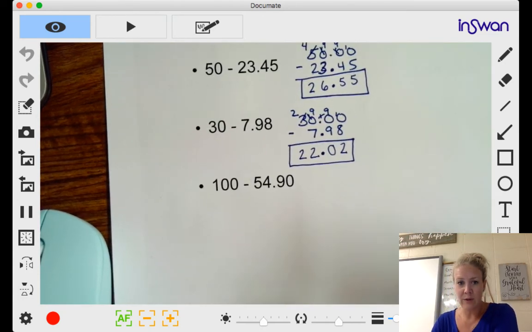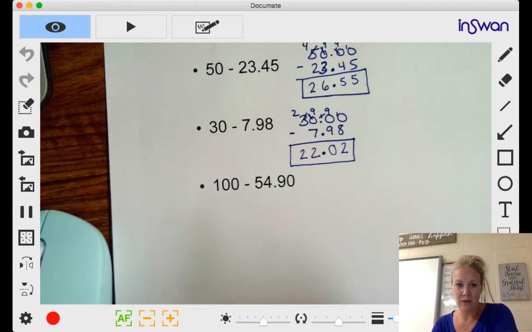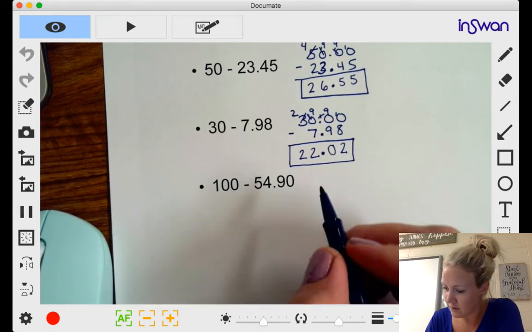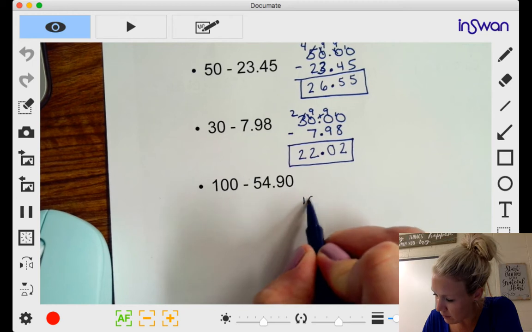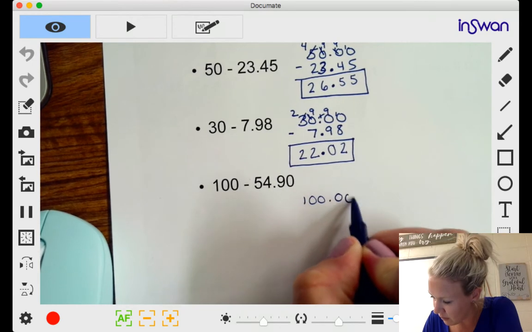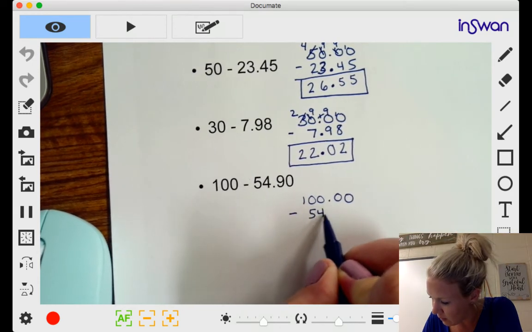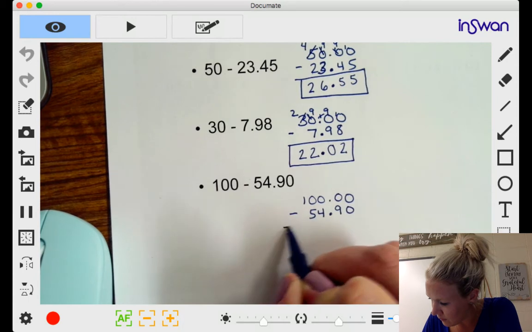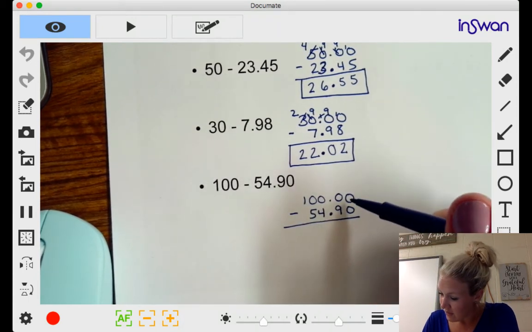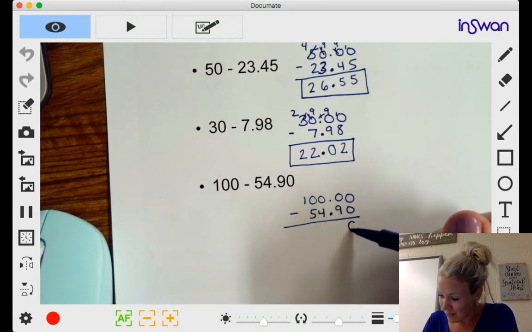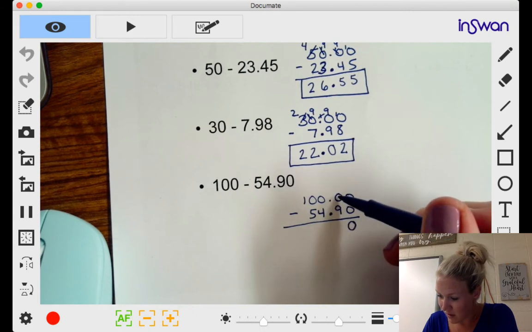All right, last one. Again, feel free to pause so that you can try it on your own before you see the solution. 100 doesn't have a decimal. I'm going to add one. This first one, 0 take away 0, I can do. I don't have to borrow yet, but now I do.